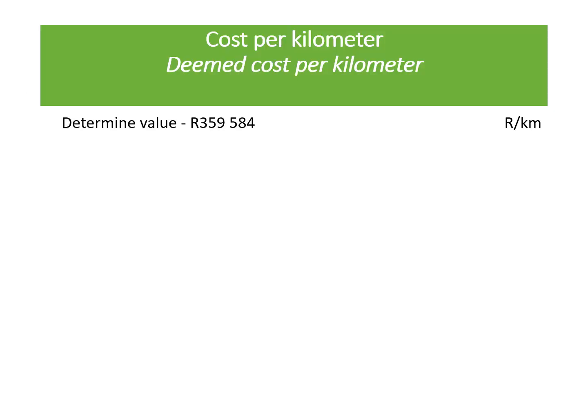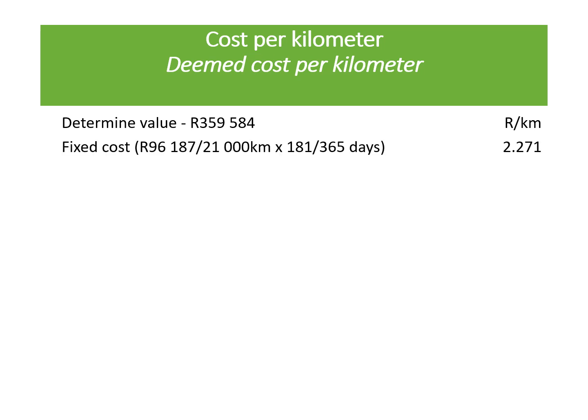We're looking at the calculation of the deemed cost per kilometer. So everything here must be converted to a Rand per kilometer figure. The fixed cost in the table is given as a Rand value, and the fuel and maintenance is given as a cents value. So the cents then also has to be converted to Rand.